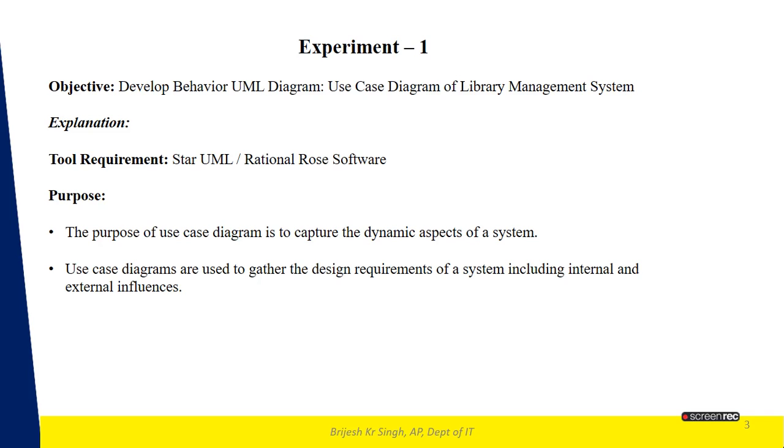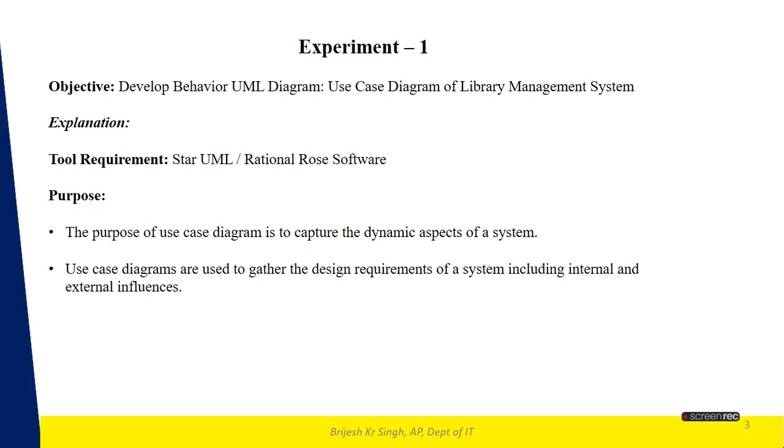First of all, let us understand what a use case diagram is and what its purpose is. According to the Unified Modeling Language specification, a use case diagram is a diagram that shows the relationship among actors and use cases within a system.